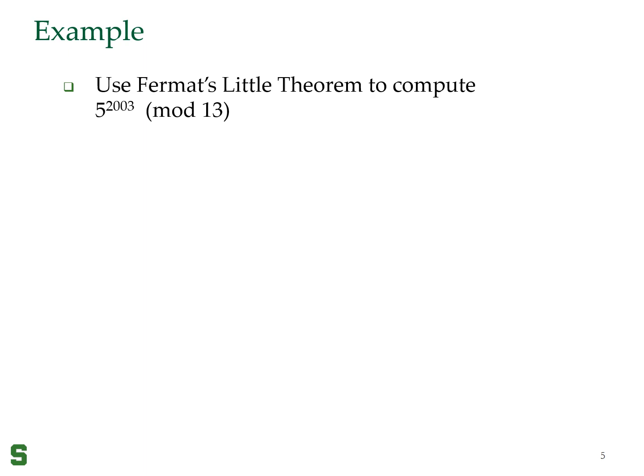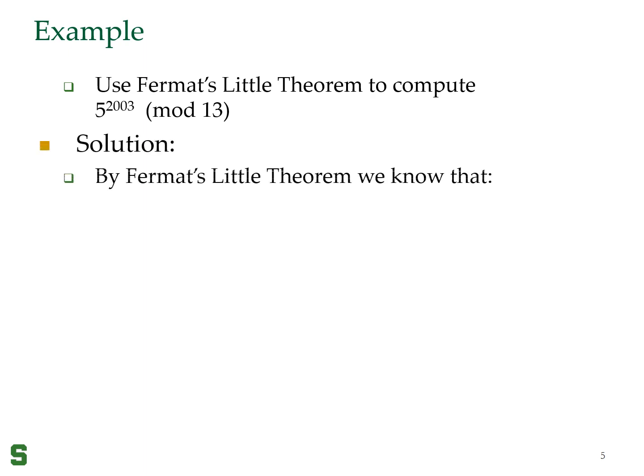Here is a way we can use Fermat's little theorem to do certain things. So for example, let's suppose we want to compute 5 to the power 2003 mod 13. Now by Fermat's little theorem, we know that 5 to the power 12 is 1 mod 13 because 13 is a prime, and we have 5 to the power 12, which is 13 minus 1, is going to be 1 in modulo 13 arithmetic.